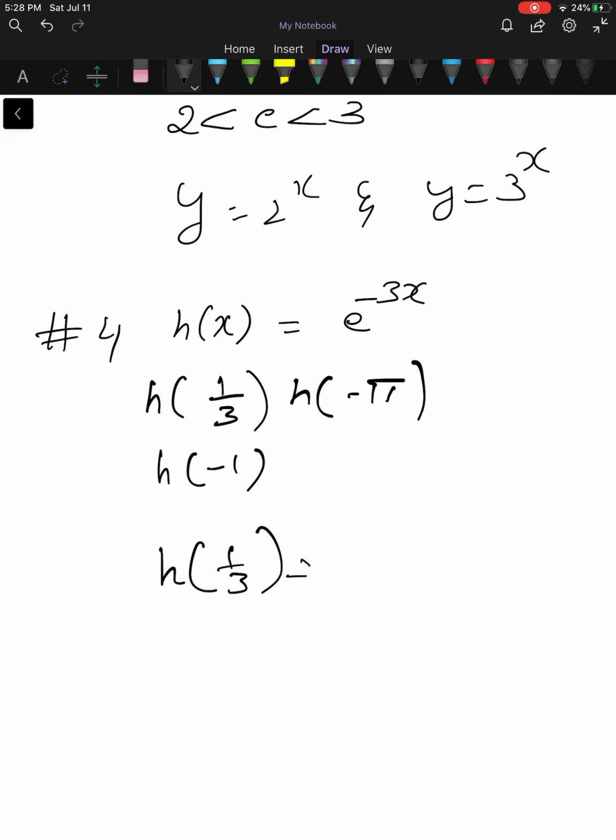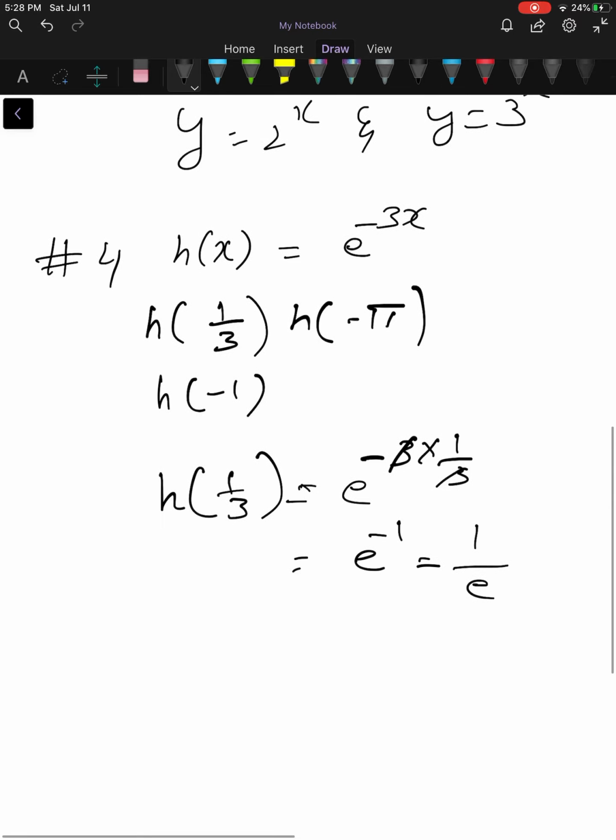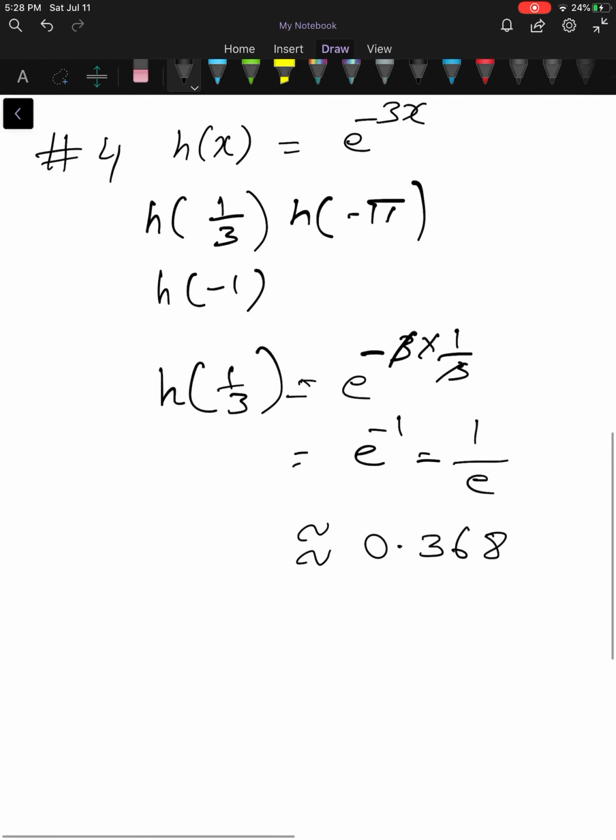Calculating h of 1 over 3 is pretty easy. e to the power of negative 3 times 1 over 3 gives e to the power of negative 1, which is nothing but 1 over e. So 1 divided by e is 0.3678 and so on, which approximated to 3 decimal places is 0.368.